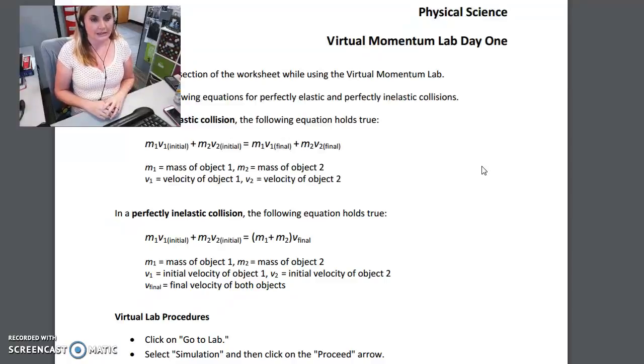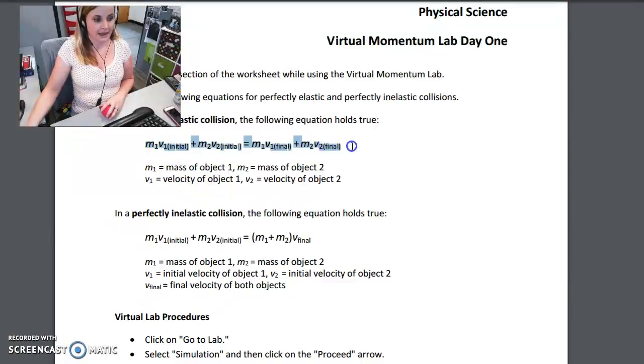In this lab, you're going to collide two objects. You have some equations here: m1, v1, m2, v2. m1 refers to the mass of the first object, v1 the velocity of the first object, m2 the mass of the second object, and v2 the velocity of the second object. Then in parentheses you have initial and final.